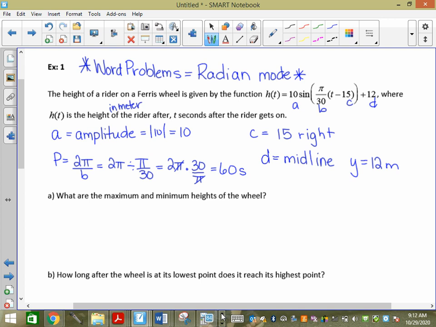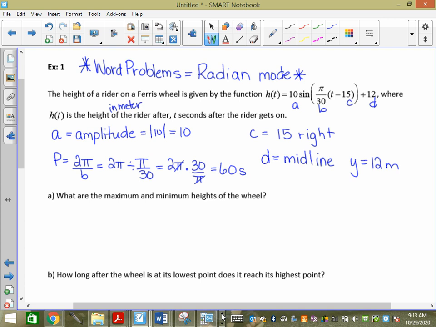Now, on a circle, what do those things actually represent? On a graph, they represent amplitude, midline, period, etc., right? The amplitude would be half the distance from min to max. So the whole distance from min to max would be how many meters? 20, right? So we know that this wheel is 20 from min to max.